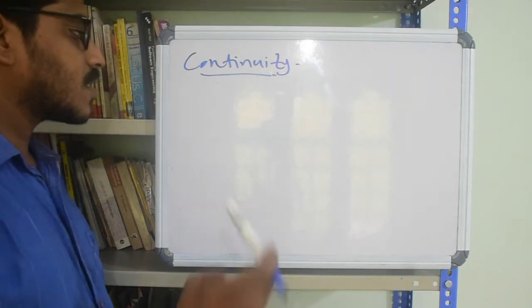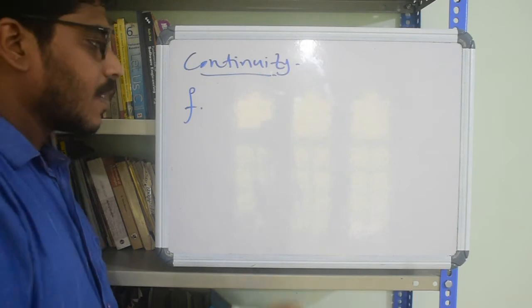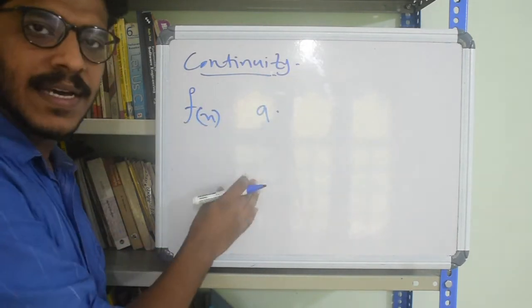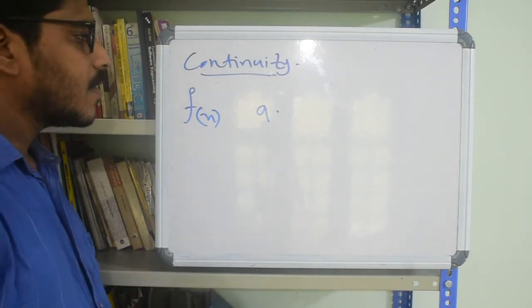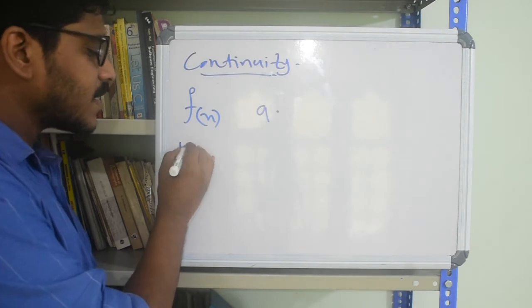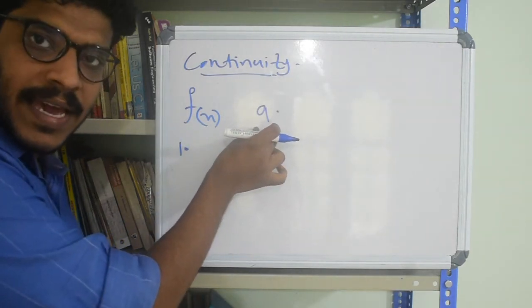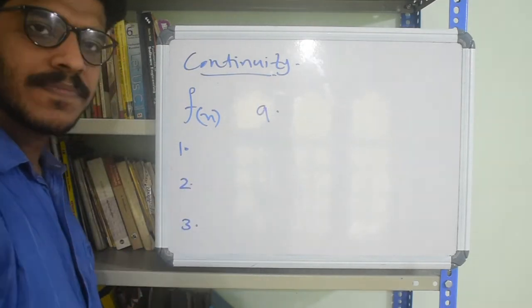Suppose we have a function f of x and a point a in the domain of f. The function f is said to be continuous at this point a if it holds three properties.